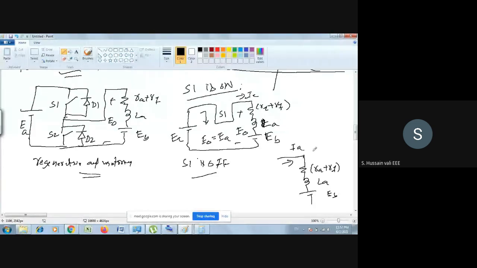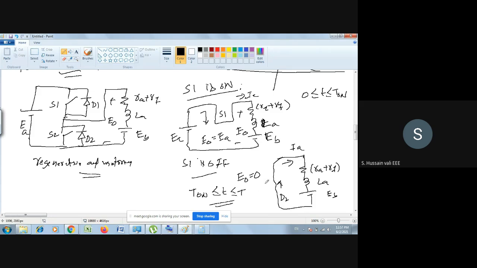Then it flows through D2 and forces the diode D2 to conduct. So in this case, E naught is equal to 0, for 0 less than or equal to t less than or equal to T on. Whereas for the other, T on less than or equal to t less than or equal to T.